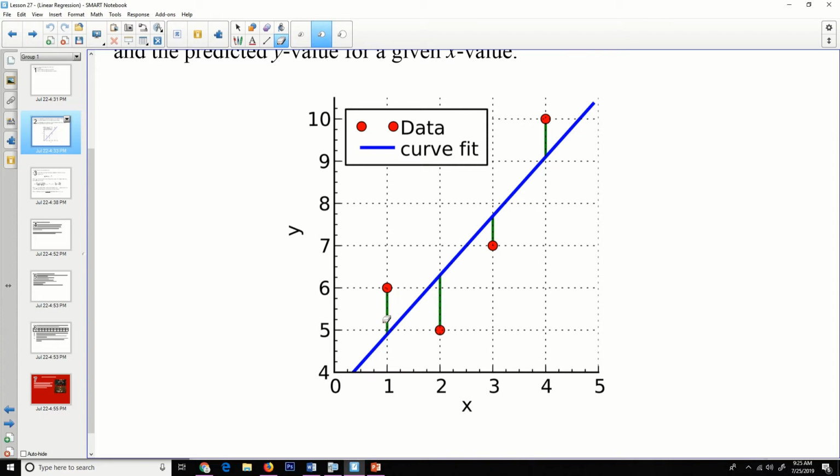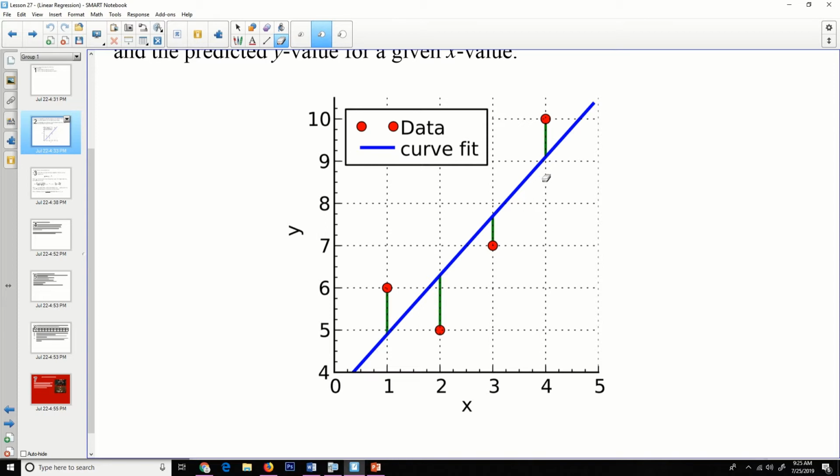What they're going to try and do is make this line so that the sum of the squares of all of the distances of these green lines is as small as it can possibly be. And when it's as small as it can possibly be, then we have our line of best fit.